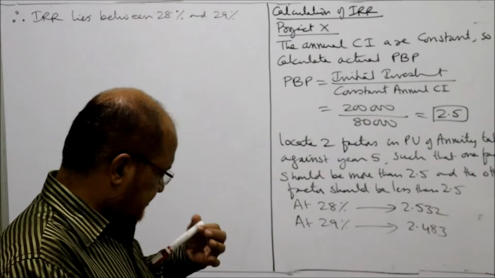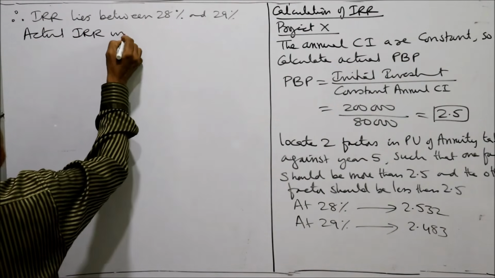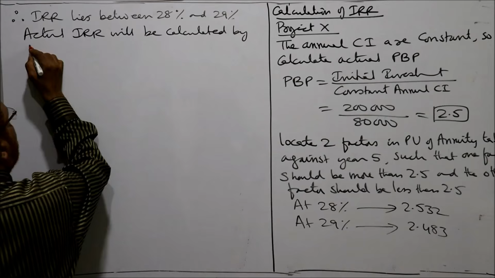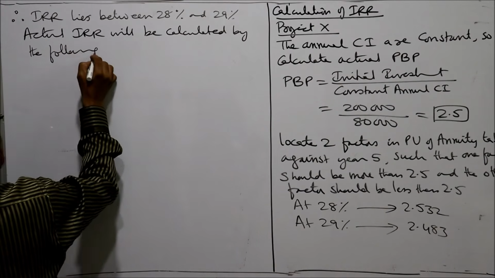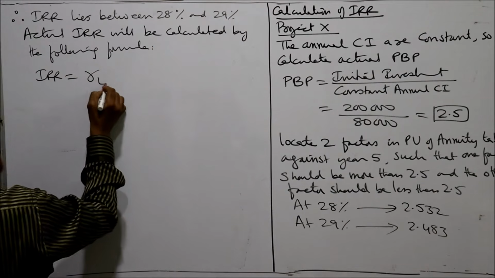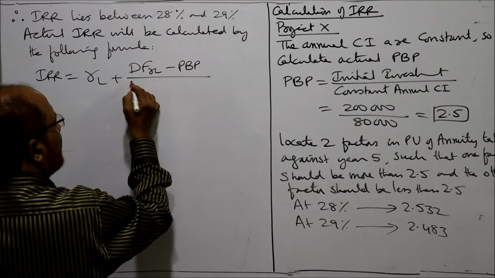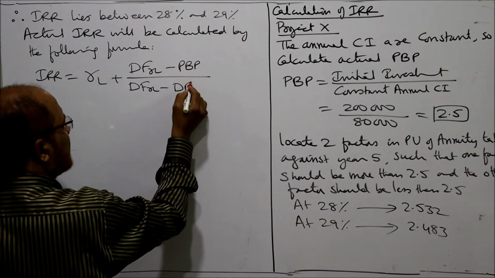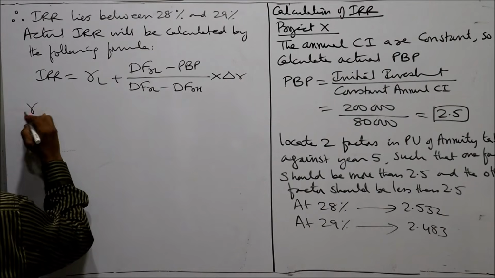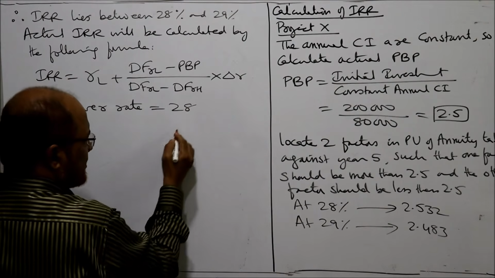So actual IRR will be calculated by the following formula. IRR is equal to RL plus DFRL minus PBP divided by DFRL minus DFRH into delta R. RL means lower rate. Of the two, the lower rate is 28%.